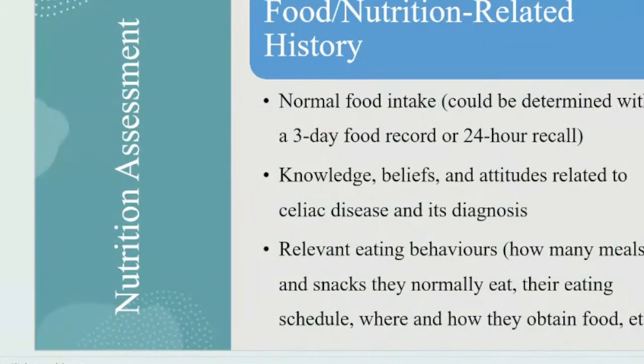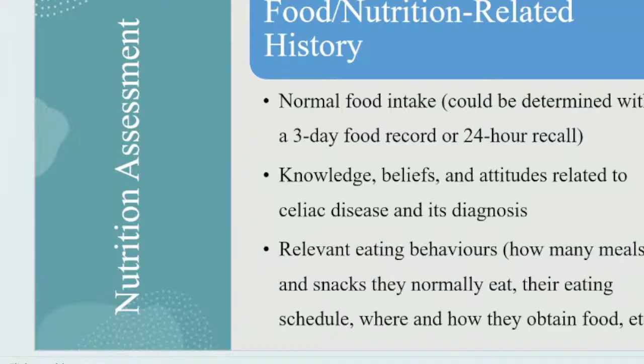We use a 3-day food record or 24-hour record to find out what she's eating, because we know that celiac disease is when somebody has an autoimmune disease and they are allergic to the protein gluten in foods. So we want to pick a diet history, to know what the person is eating.